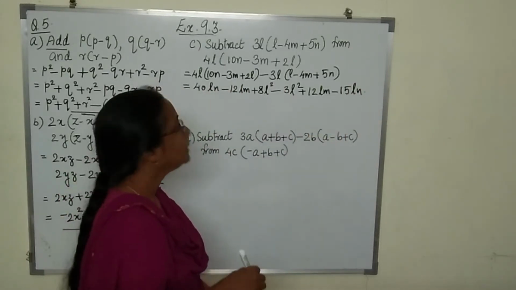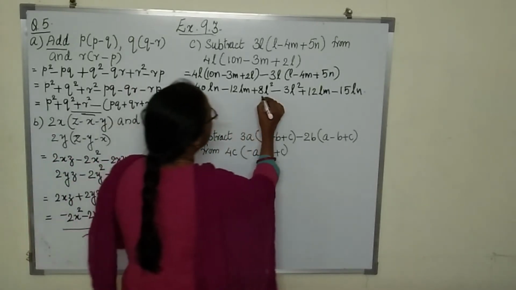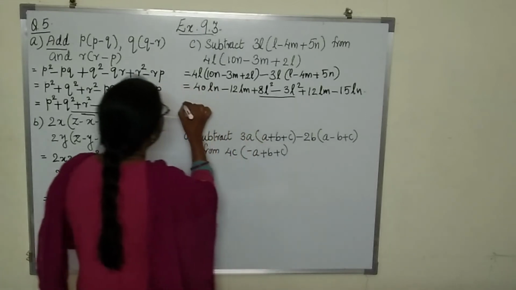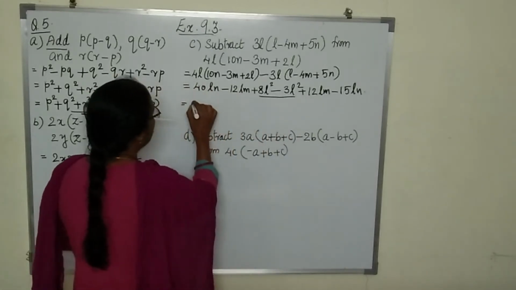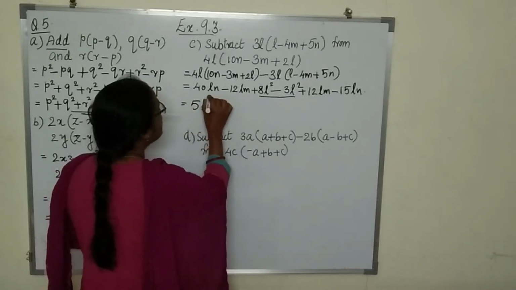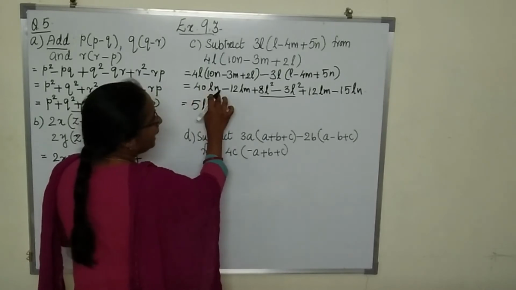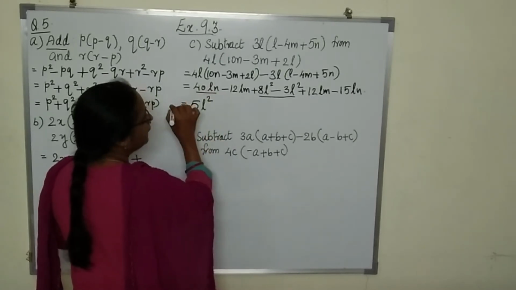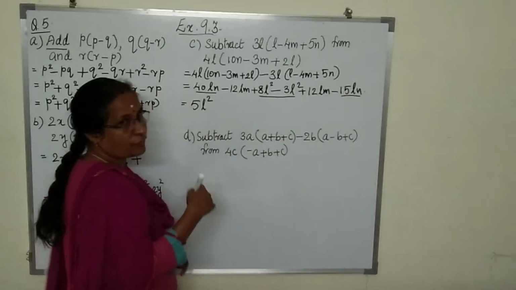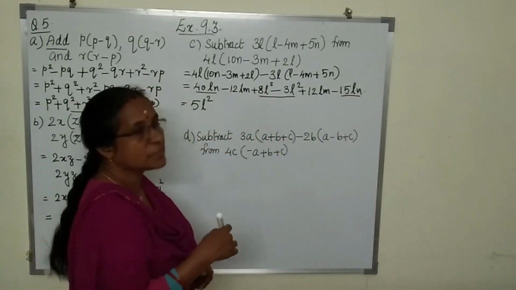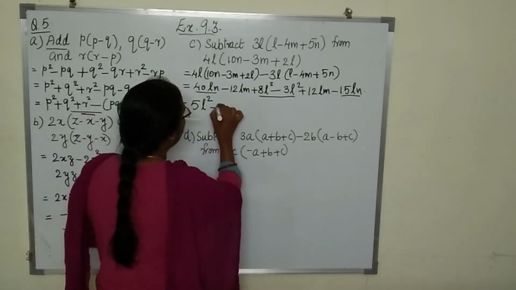Now see the like terms. Square terms: 8l square minus 3l square is 5l square. Now you see 40ln and minus 15ln. 40 minus 15, how much is it? 25.